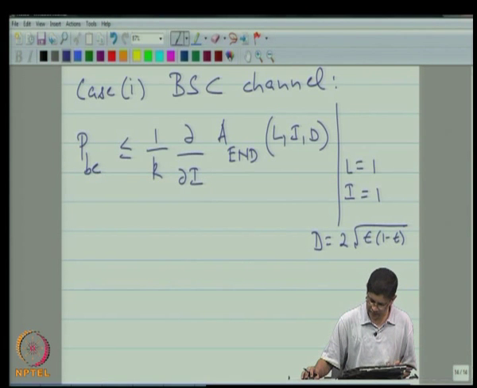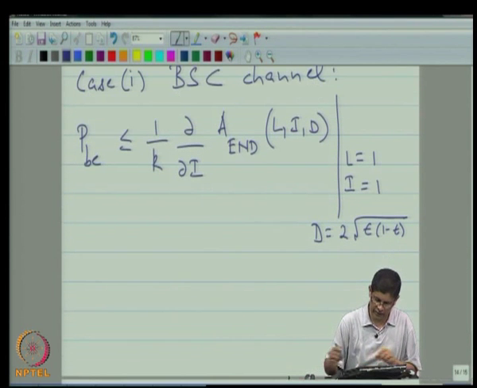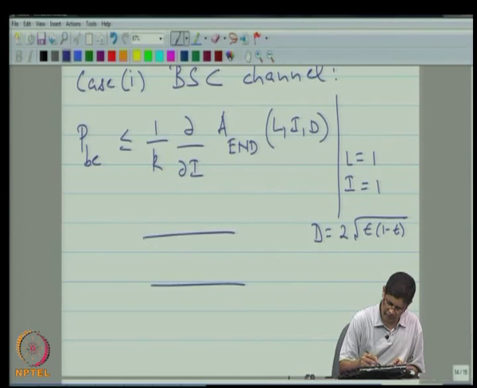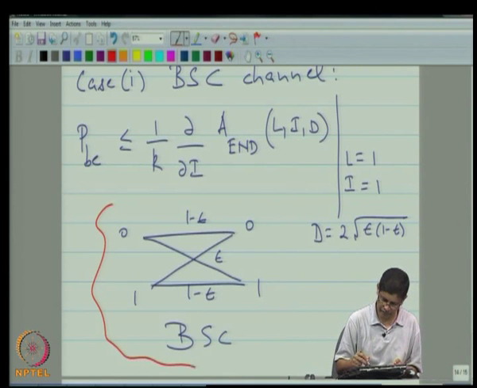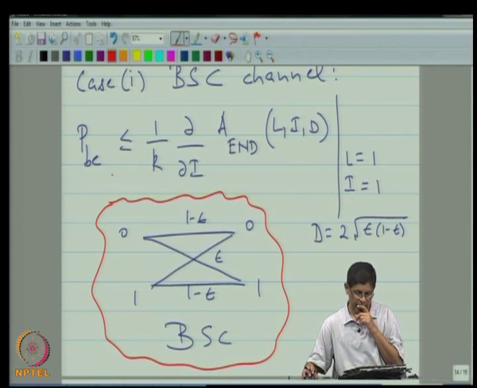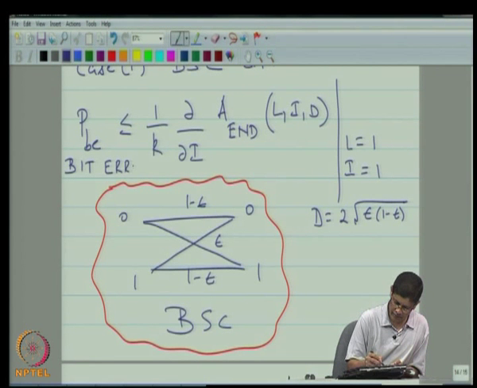And there is an analogous formula. Here of course, epsilon is the crossover probability of the binary symmetric channel. So, this is the setting, and of course, what we mean by this is a reference to the bit error probability.